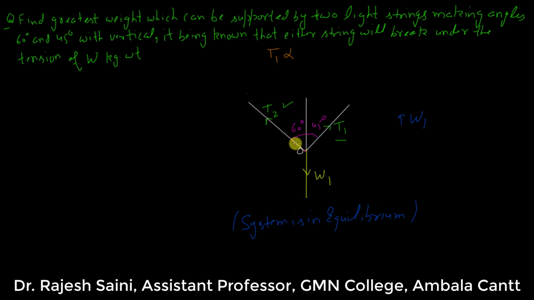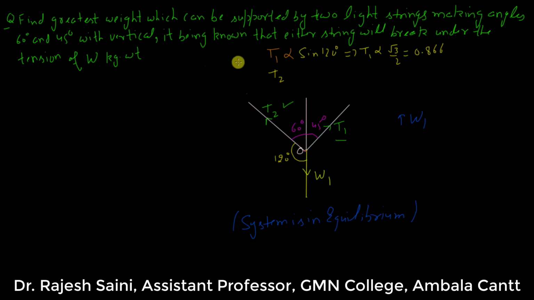So T1 is directly proportional to sine 120 degree. This implies that T1 is directly proportional to sine 120, which is sine 60 degree, and sine 60 degree is root 3 by 2, and it will be 0.866.